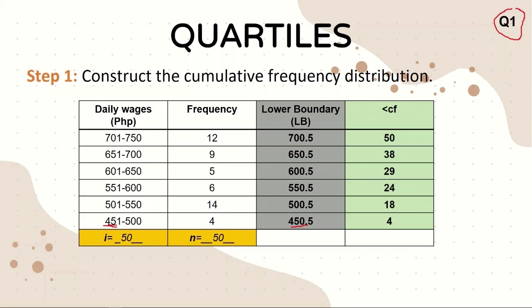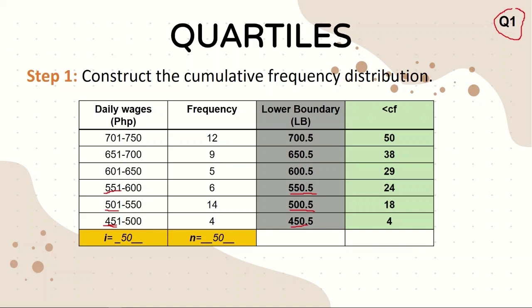And then for the second class, the lower class limit is 501. So 501 minus 0.5 is equal to 500.5. For the third class, the lower limit is 551. So 551 minus 0.5, the answer is 550.5.